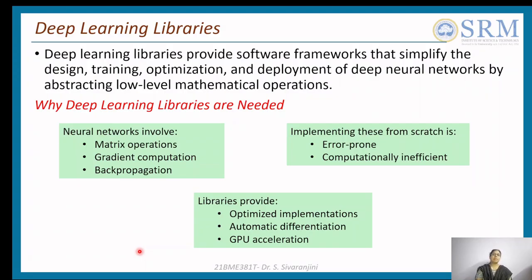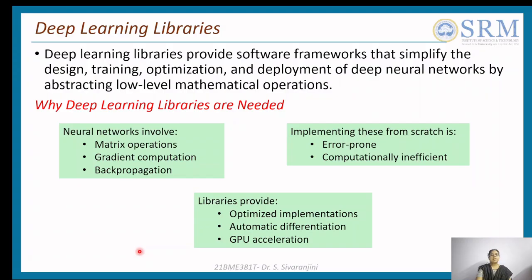A framework is like a pre-built model network, or pre-built software, which gives you all the things you would have to do manually. That simplifies the design, training, optimization, and deployment of deep neural networks by abstracting low-level mathematical operations. They already have predefined mathematical operations in their framework, and you can use that framework and make your job simple.